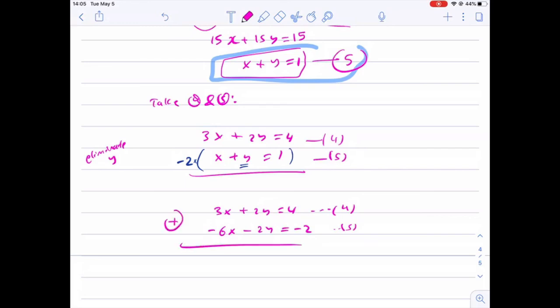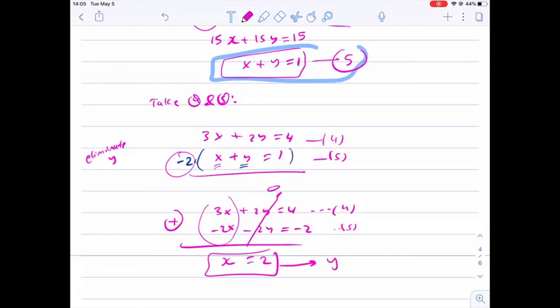This is number 5, and then we add them. I multiplied negative 2 by x, it's just negative 2x. Now 3x minus 2x is just x, and negative 2y plus 2y is 0, and on the right hand side 4 minus 2 is 2, so we got a value of x.